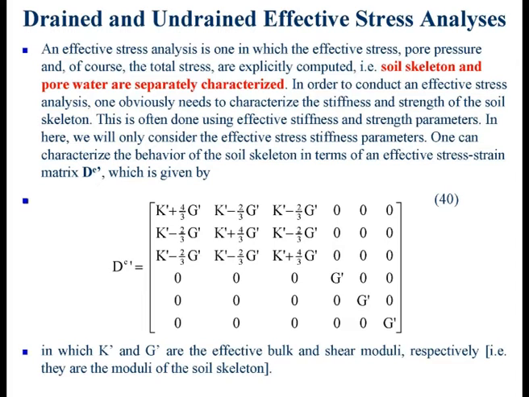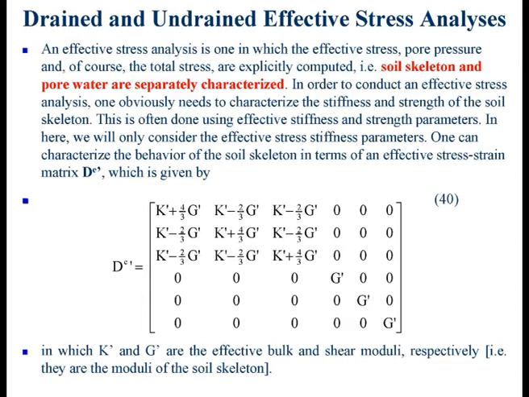That set of characteristics is called effective stress parameters. Then you have the water that has its own characteristics, and then you specify them differently. Now, usually you don't specify the water, because the program is smart. They do it for you. So the soil skeleton and the water are separately characterized.